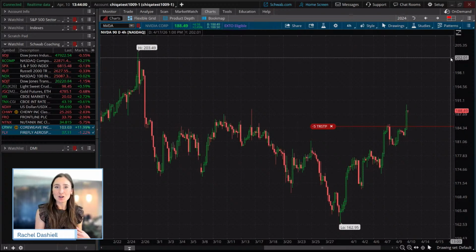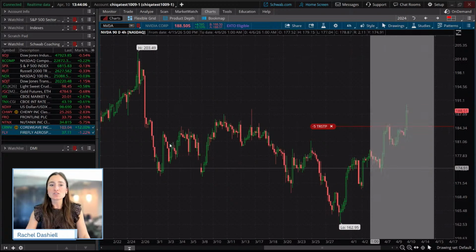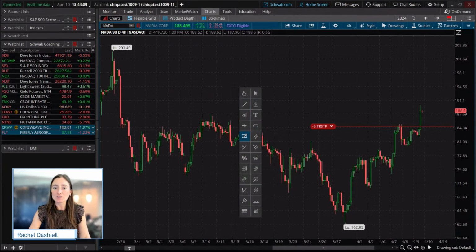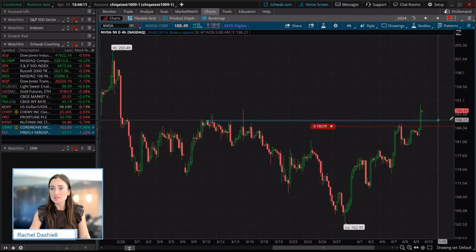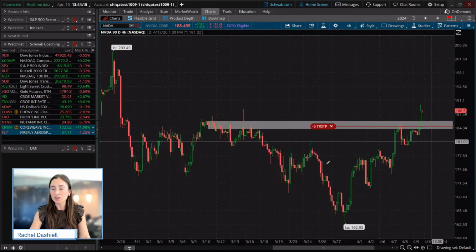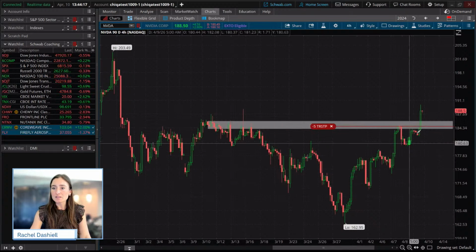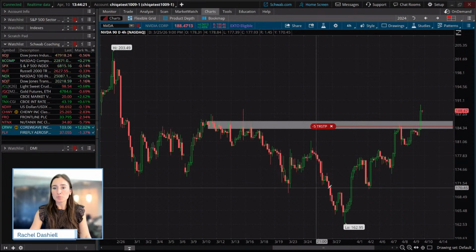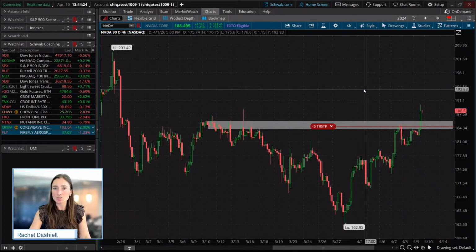If you have alignment across time frames, with bullish patterns showing up on the shorter time frame charts as well, that gives you a lot more conviction going into this trade. One that we see here is this bullish cup and handle pattern, with this cup and this little handle, which is a bullish reversal type pattern. So I wanted to make sure I shared that with you guys as well.